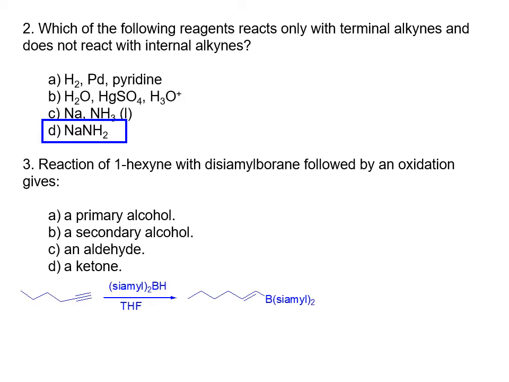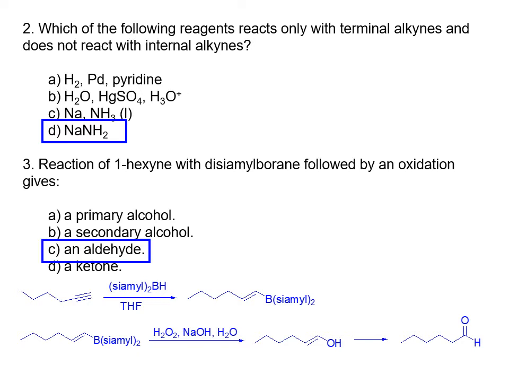And then upon oxidation, product is initially vinylic alcohol, which rearranges spontaneously to an aldehyde. And so on our own, without looking at 4 possible choices, we have figured out that product is an aldehyde. And now we match it with 4 possible choices, and we can tell that answer is C.